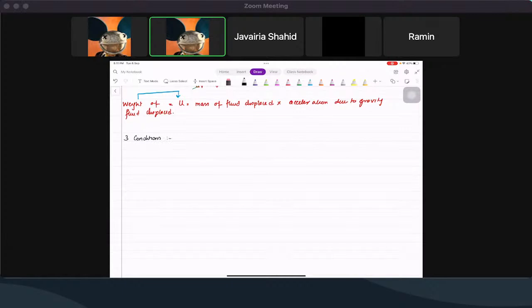First condition is that there's an object that has a weight downwards and then it has upthrust upwards like this. In a case where the weight and the upthrust are equal, it means the object will float.